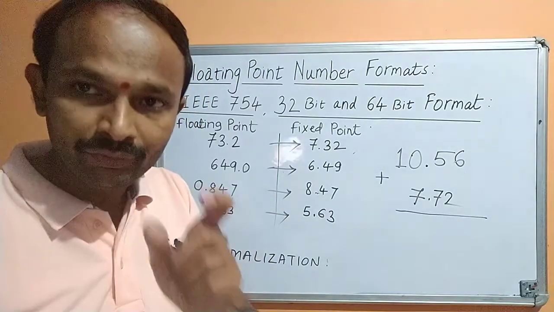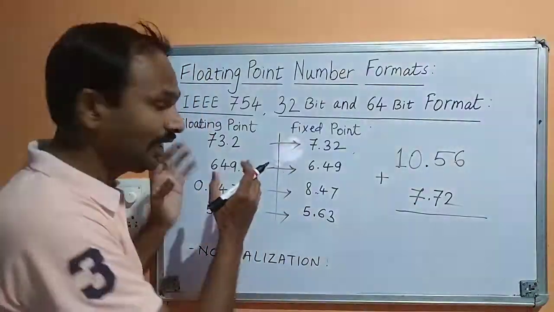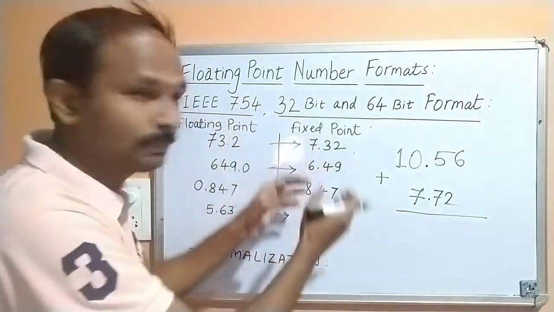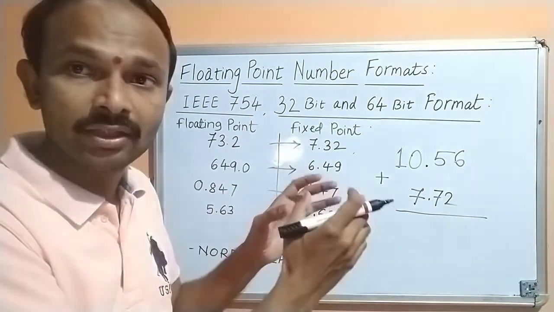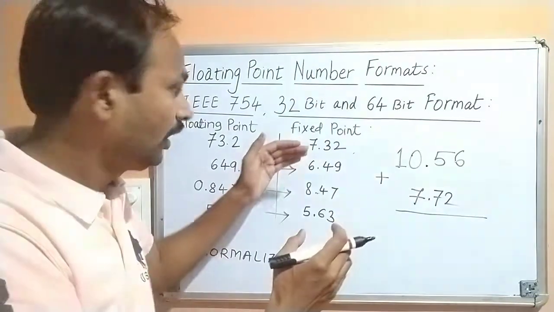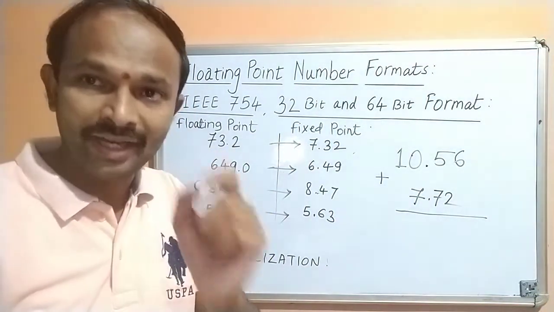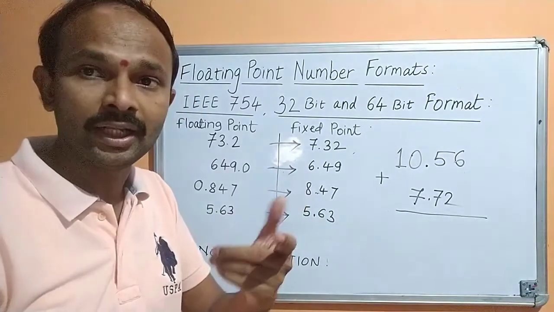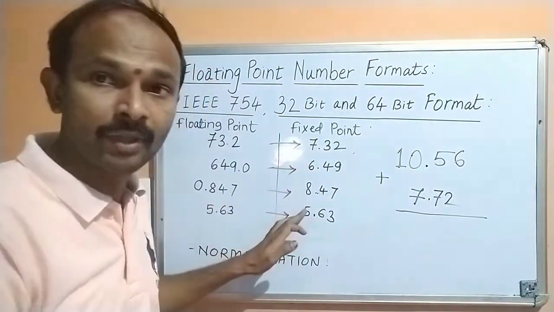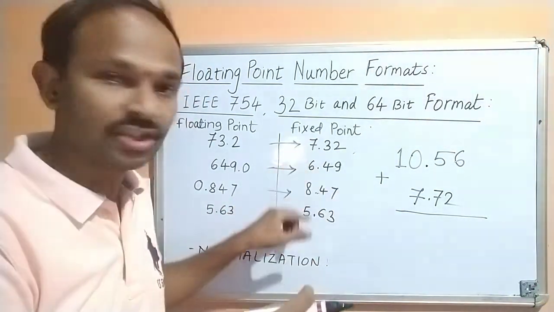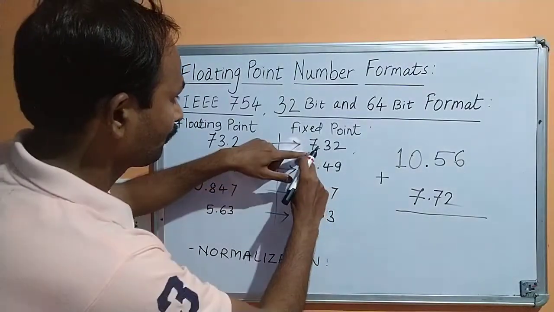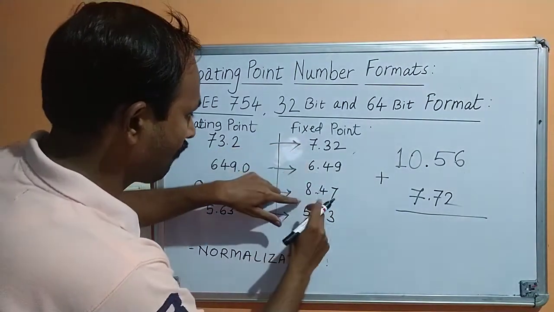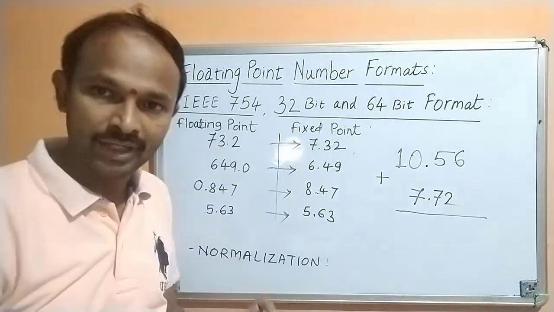You will observe that after converting these floating point numbers to fixed point numbers, we get numbers in which the fractional point is after a fixed digit, after one decimal digit, like see here, after 7, after 6, after 8 and after 5.